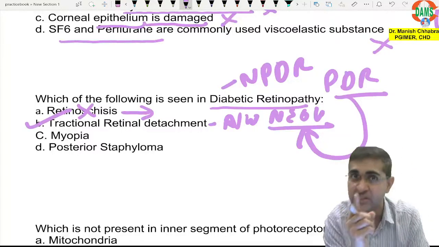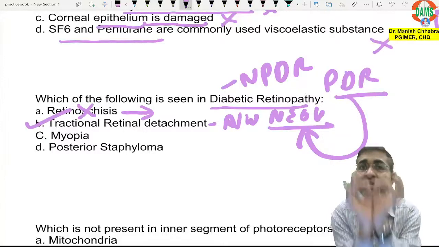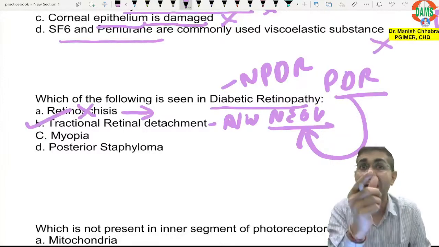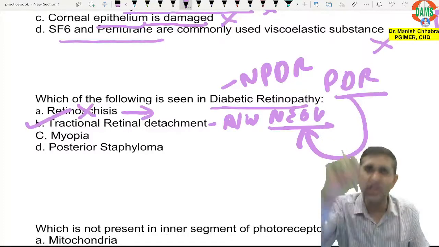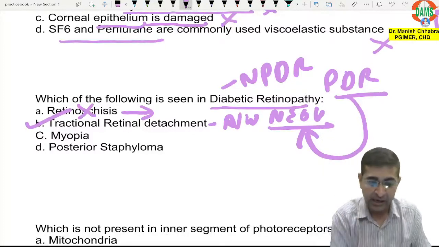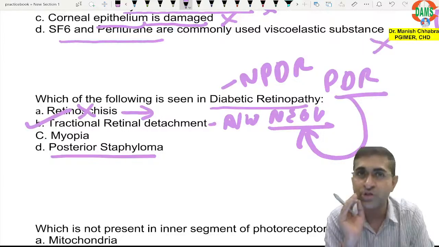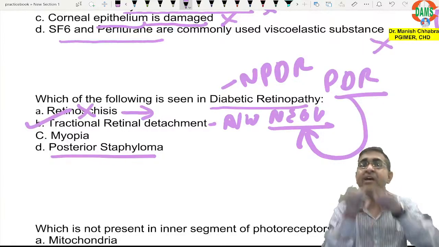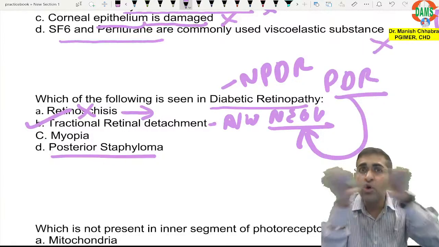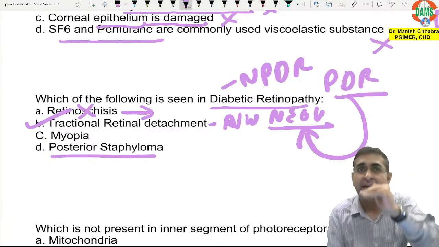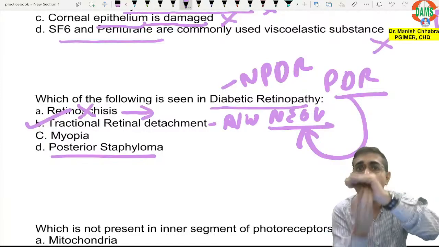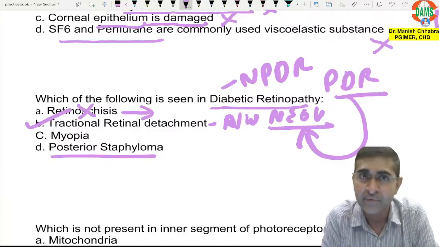But as I always say, always try to reach the answer by mode of exclusion, not by pointing at the answer there and then. Yes. Okay. What is posterior staphyloma? Posterior staphyloma is weakening of the outer coat of the eyeball, due to which there will be bulging with incarceration of the uveal tissue underneath.